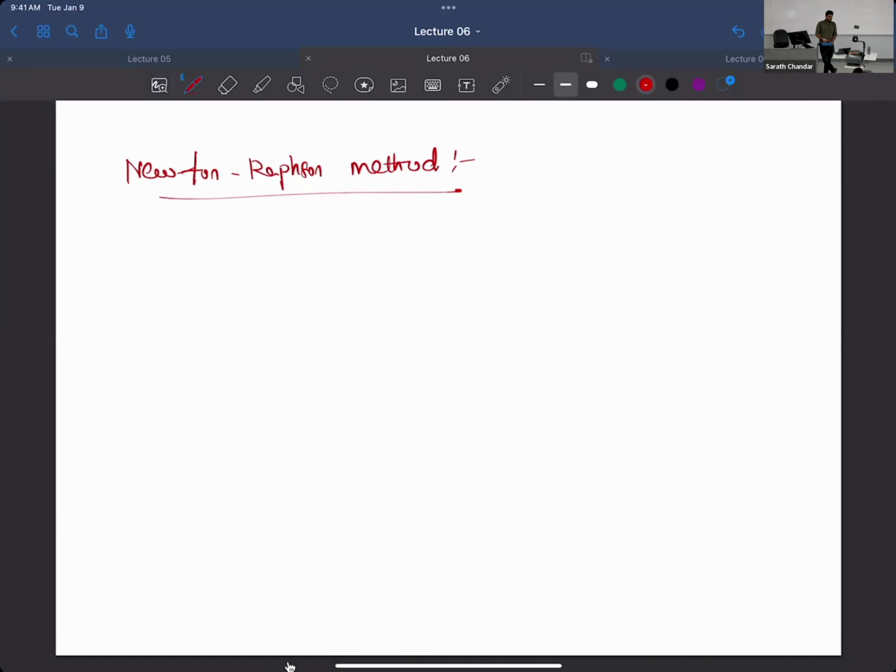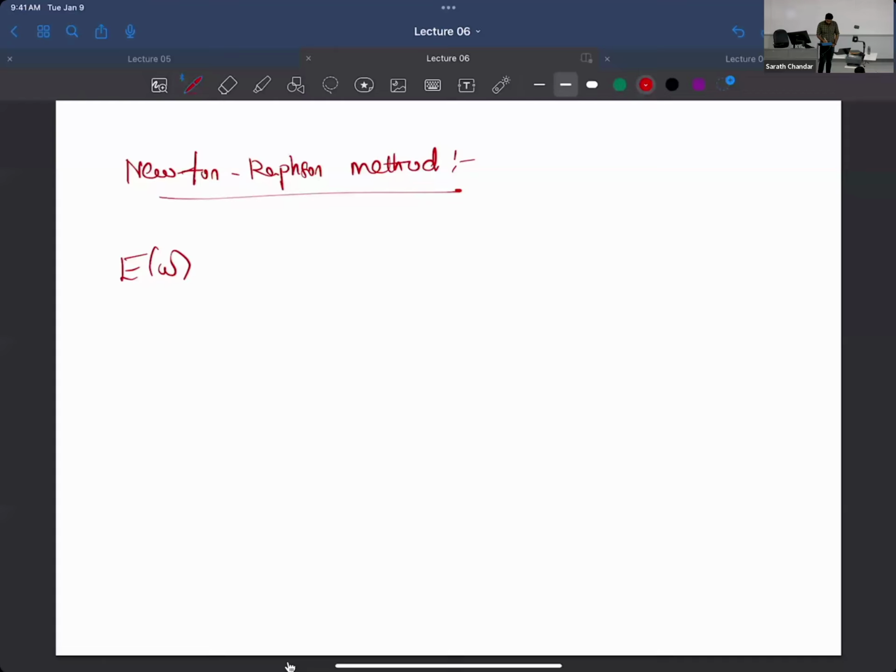So the main idea of Newton-Raphson is, as I said, to use second order information. Gradient descent was using the first order information, which was just the gradient, right? Now we are going to use the second order information, which is the Hessian. How do we do that? To motivate that, we're going to start with the error function E of W, and I'm going to do a second order Taylor approximation on this error function.